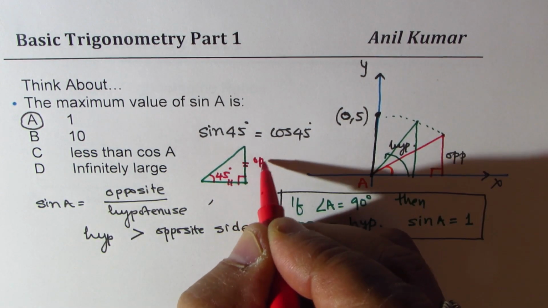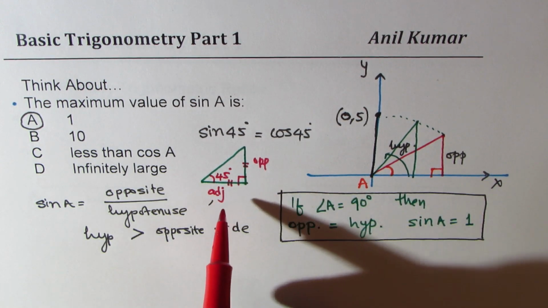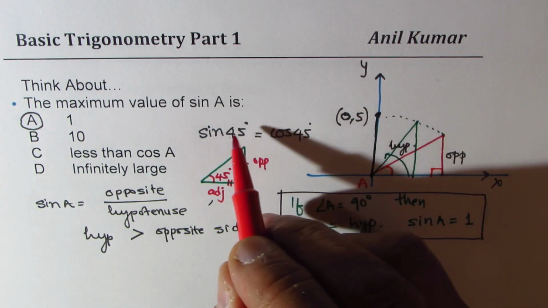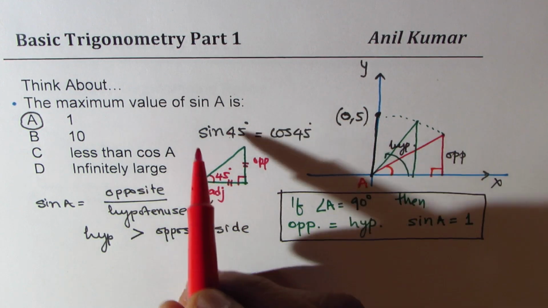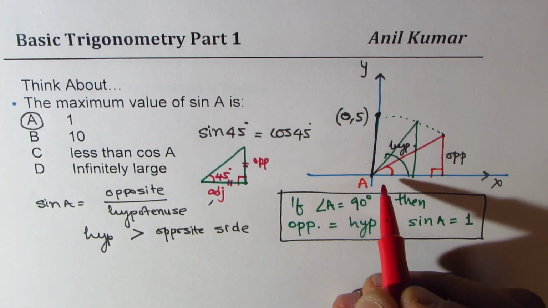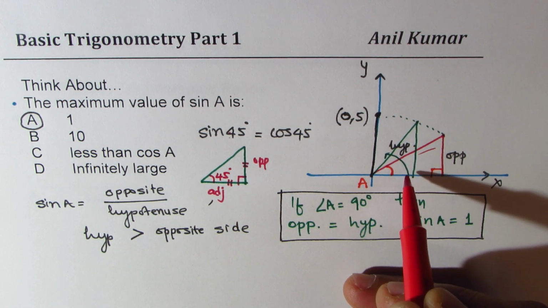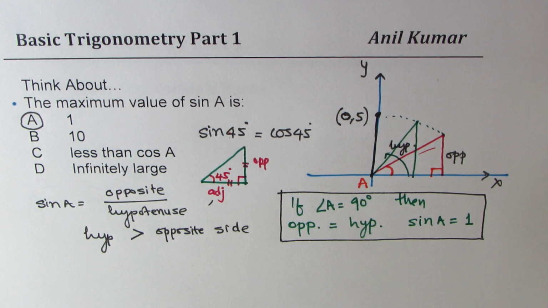So the opposite side is equal to the adjacent side. So in that situation they can be equal. Perfect. But if the angle is more than 45 degrees within the right triangle, then sine is higher. But if the angle is less than 45 degrees, then cosine is higher. Perfect. So this is the learning which we get from this part of the video.